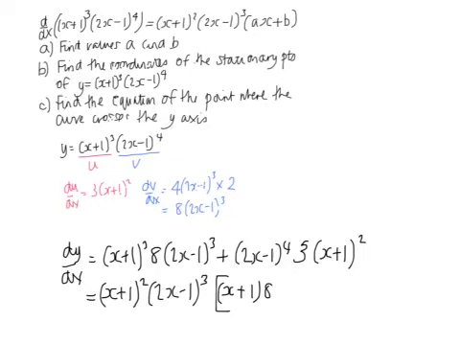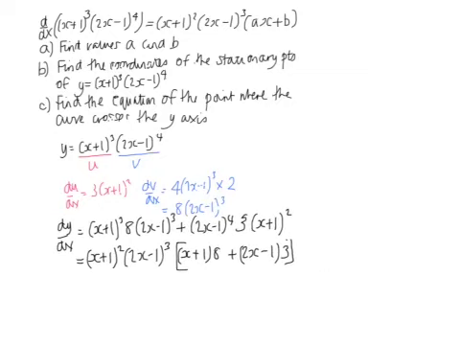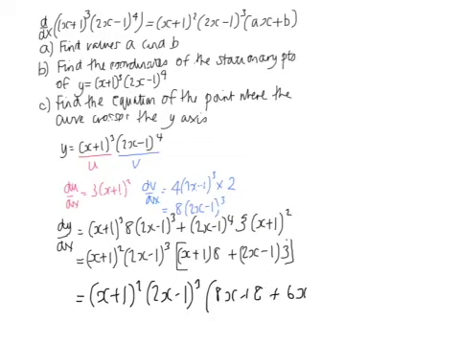We've taken out (2x minus 1) cubed, so we've got another one, 2x minus 1. And we've got to multiply that one by 3, because we had a 3 here, and we've already taken out the (x plus 1) squared. Okay, so tidying that up a little bit, we've got (x plus 1) squared, (2x minus 1) cubed, and that's all multiplied by 8x plus 8 plus 6x minus 3, multiplying out my brackets.